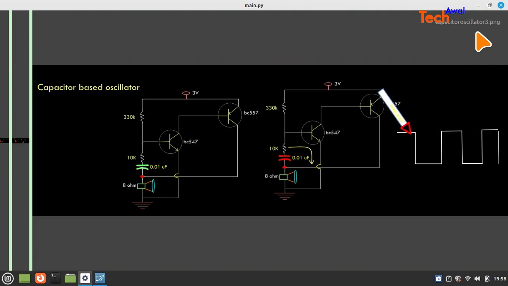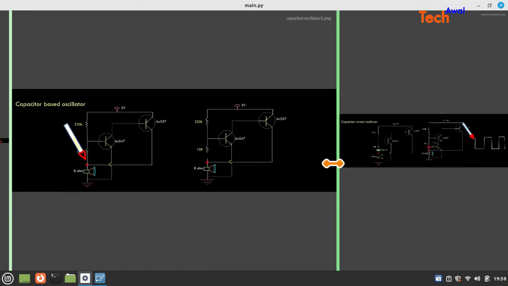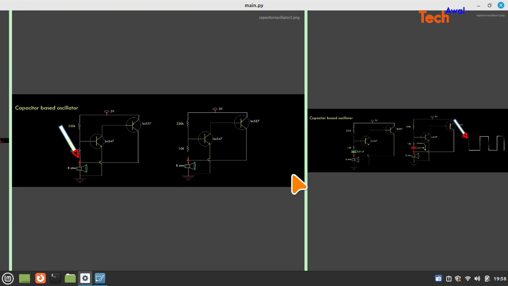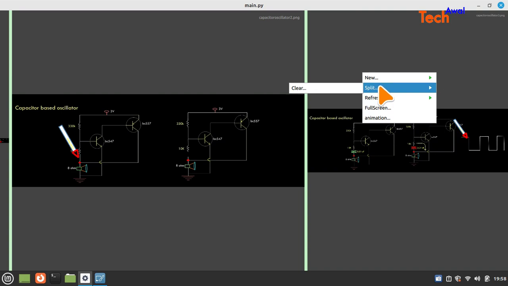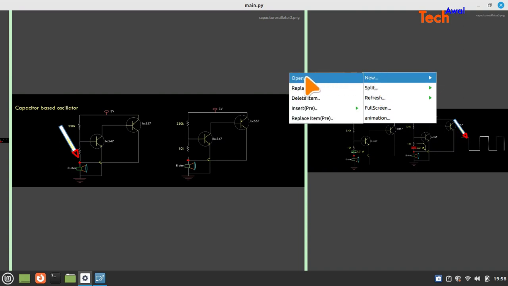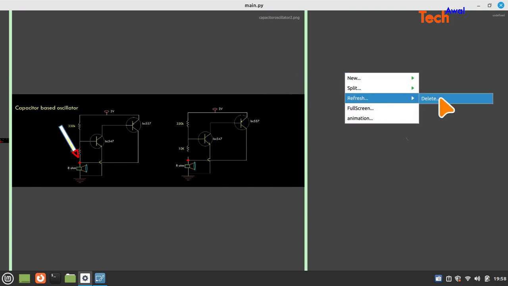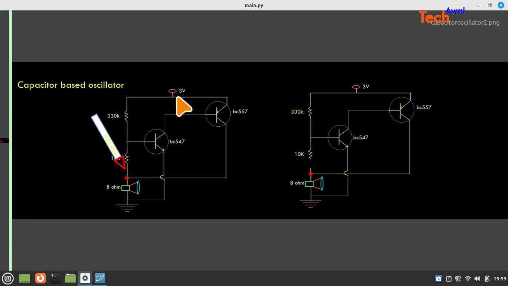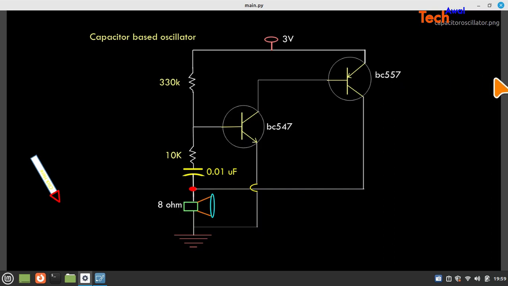So now in our actual lab, what we have done in the actual lab, the capacitor value, okay, I can close this.